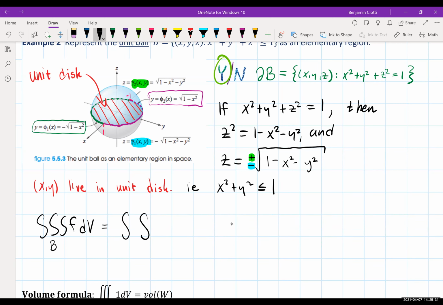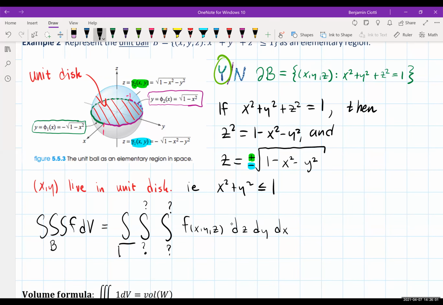I would write it as a triple integral, and I'll just tell you it would be dz, dy, and dx. And I want you to tell me what the limits are.